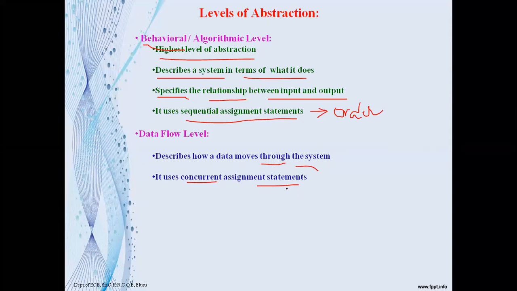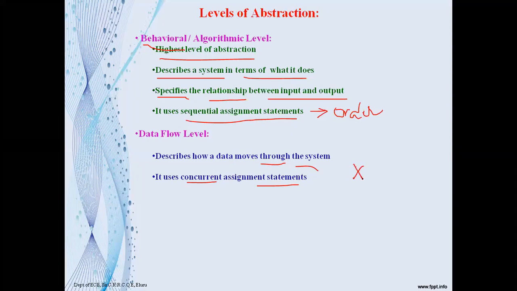There will not be any order, and all the concurrent signal statements will be executed at a time. Concurrent statements will be executed in parallel, whereas the statements in sequential assignments will be executed one by one in an order. Say you have two concurrent assignment statements.